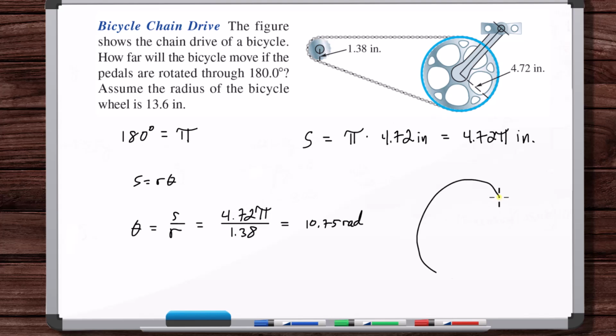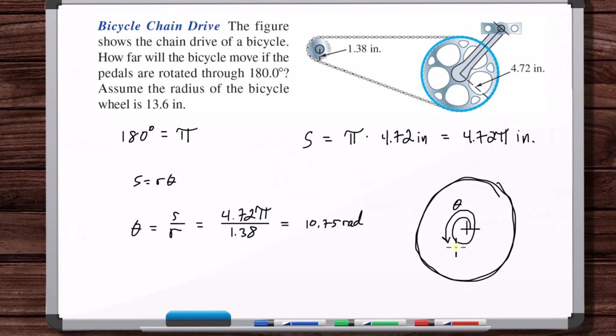So here's the wheel. If it rotated something like that, that's around 10.75 radians. There's theta. How does that translate to how far the bicycle moved?